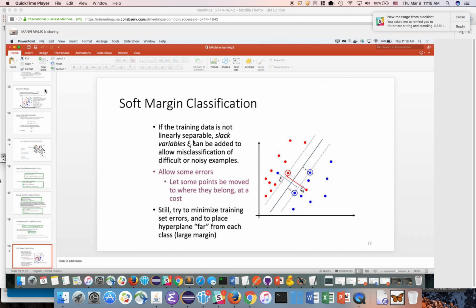So what is the role of these slack variables in an equation? Is it just ignoring them, or is it more? It's not ignoring them, it's taking them into calculation. That means you are widening your hyperplane even more than 2 upon mod W. So they will have a negative distance, right?